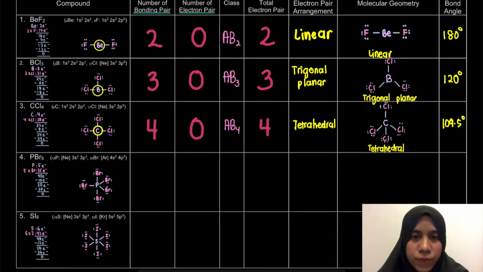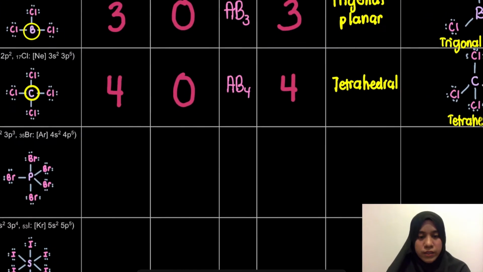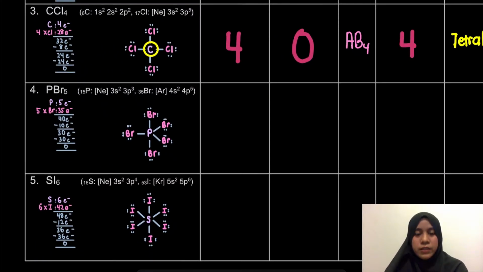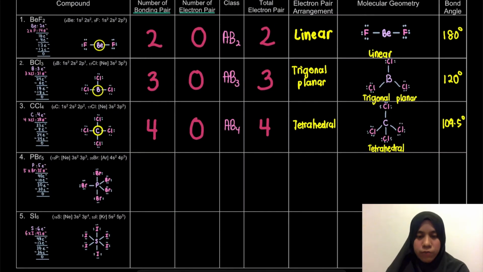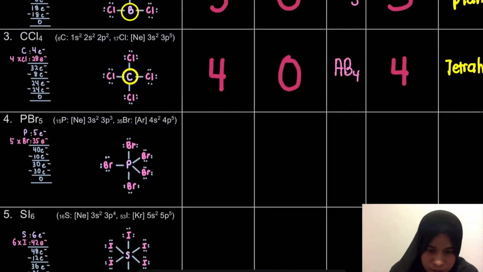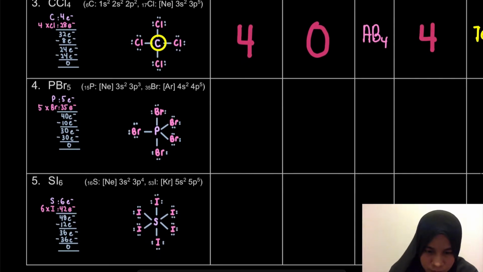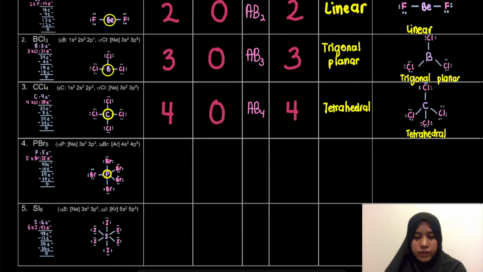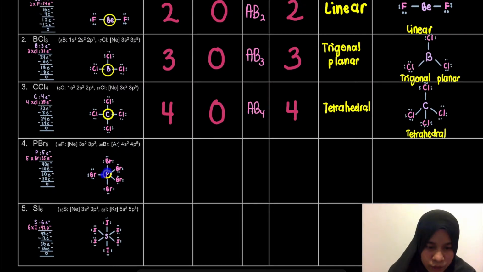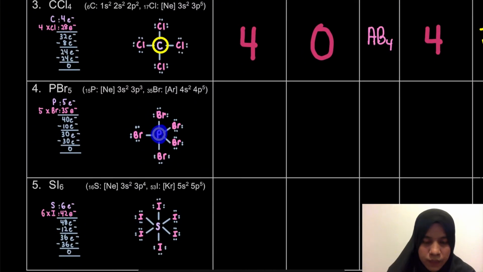So for the case of PBr₅ ni macam mana pula? So this is actually our Lewis structure. Okay, so kita tengok. How many atom is bonded to our central atom? Central kita ni, our phosphorus ni lah. Dalam case ni, phosphorus, dia punya electronic arrangement dia adalah 3s2 3p3.